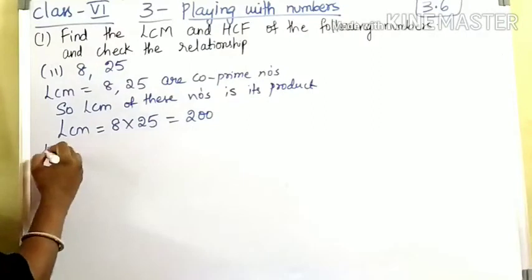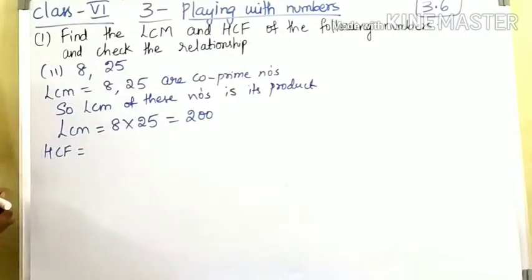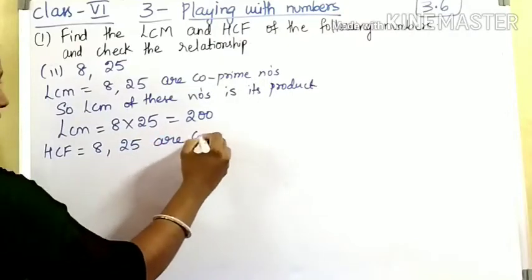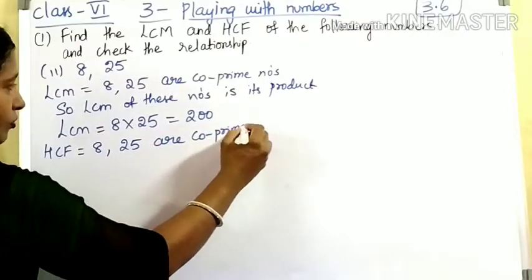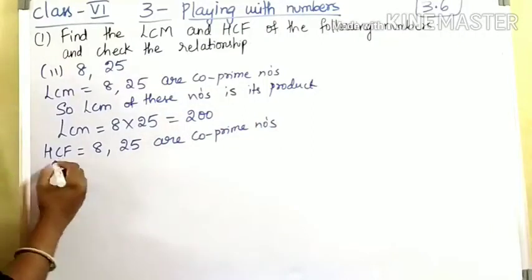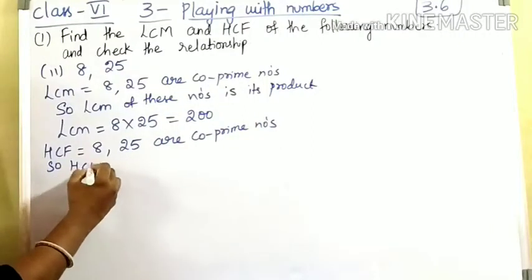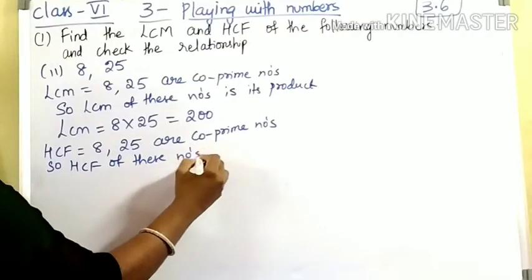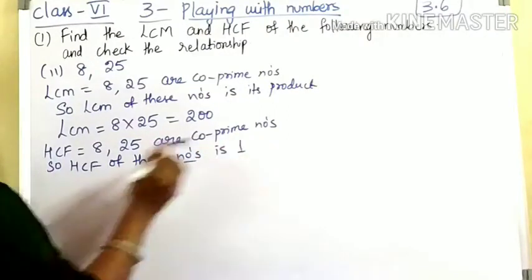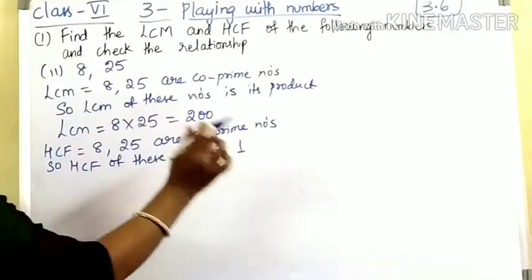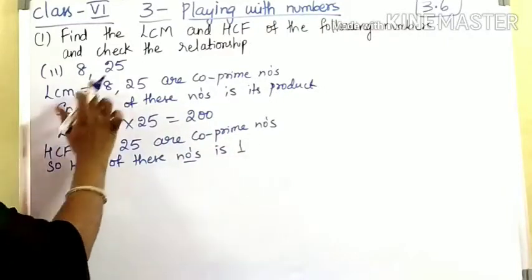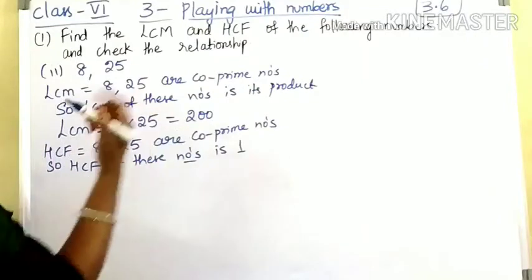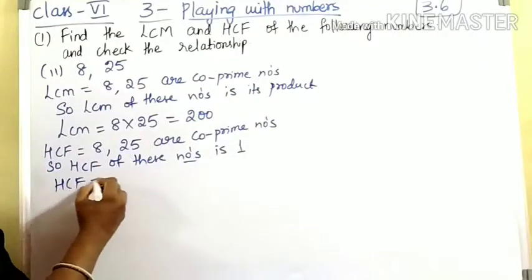Right? Now coming to the HCF. Here 8 and 25 are co-prime numbers. So the HCF of these numbers is 1. Always the HCF of co-prime numbers is 1 and the LCM of co-prime numbers is its product. So the LCM you got as 200, the HCF you got as 1.